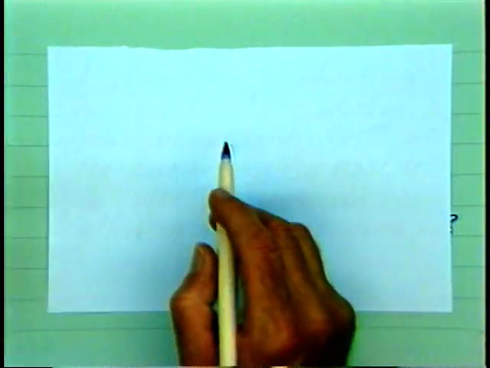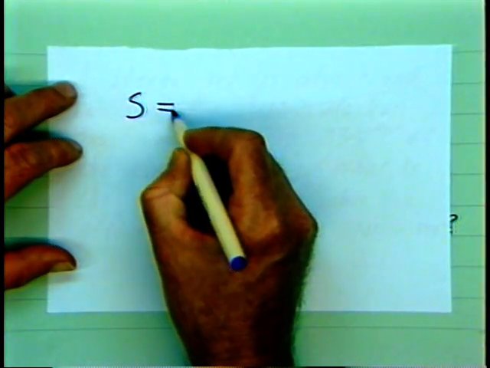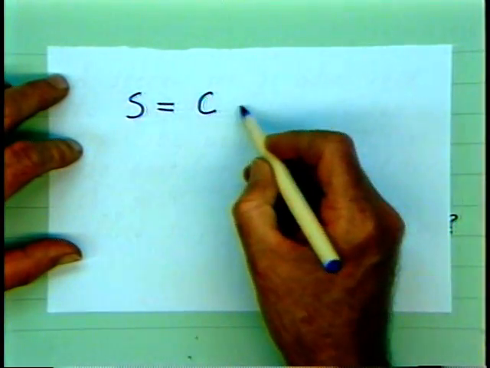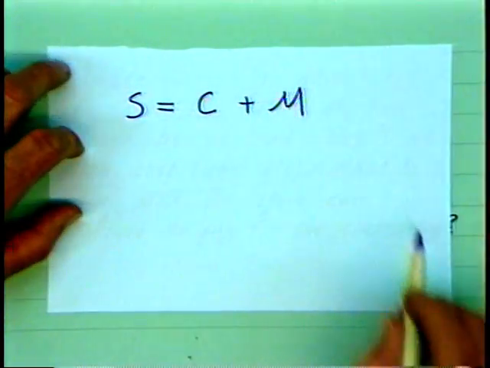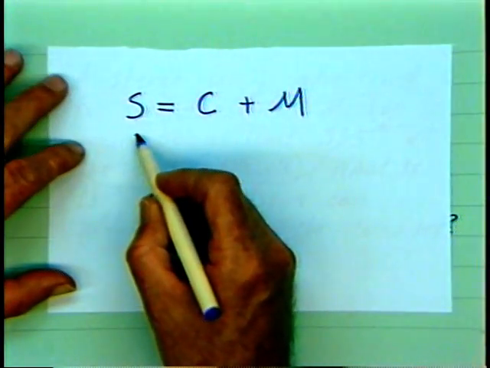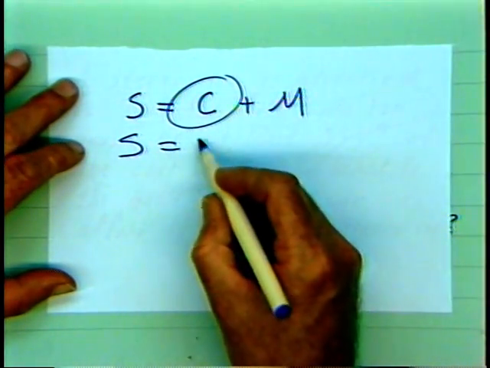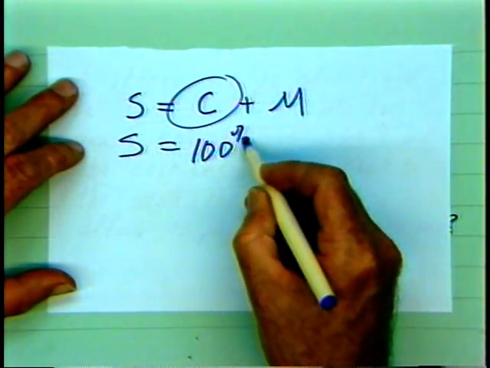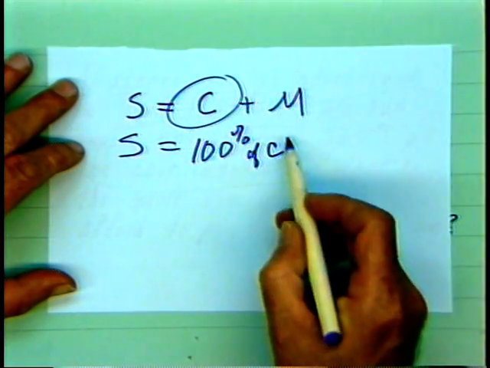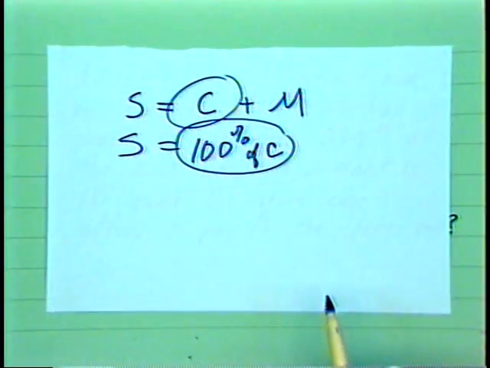So in looking at this, you might be able to conclude this. In all cases, selling price will be equal to cost plus markup. This is always the case. And it is indeed always the case that anything is 100% of itself. So this is just another way of saying cost.